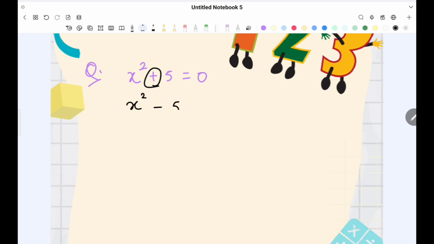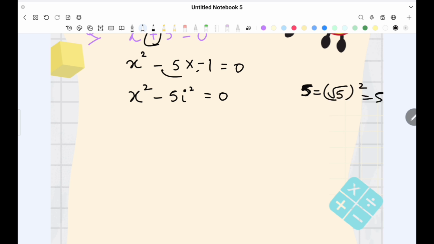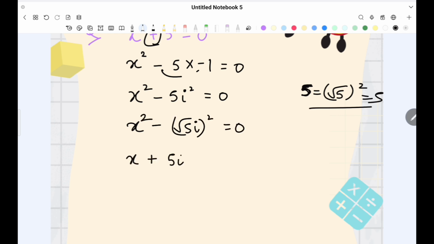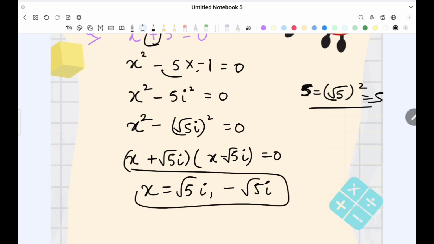Minus 5 into minus 1 will be only plus 5. अगर minus minus plus हो जाएगा तो plus 5 already हो जाएगा वो. x square minus 1 is i square is 0. हम 5 को परफेक्ट स्क्वायर बनाने के लिए क्या लिख सकते हैं? अंडर रूट 5 का स्क्वायर, तो भी आंसर 5 ही तो आएगा. तो हम यहाँ पे लिख देंगे x माइनस अंडर रूट 5i का स्क्वायर, और यहाँ पे भी स्क्वायर है. अब (x plus root 5i)(x minus root 5i), and so the values of x are under root 5i comma minus under root 5i. We get the solutions. Done?